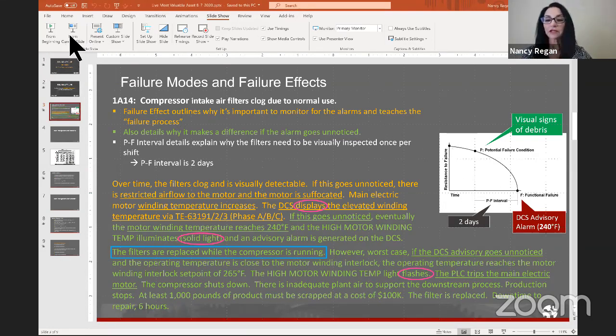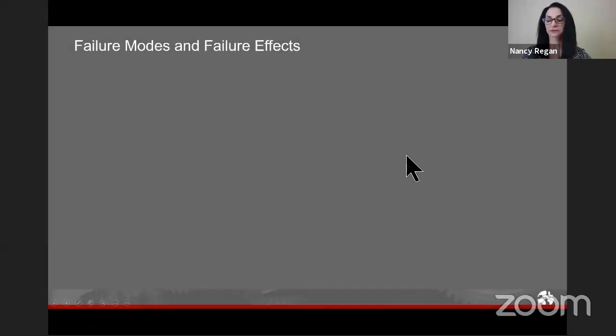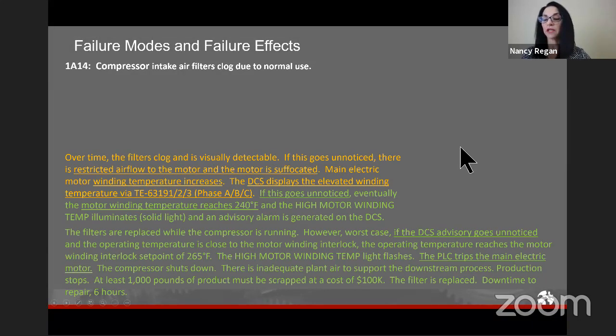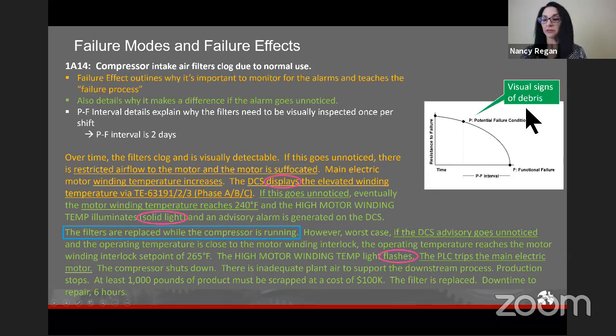So back to our P2f interval. We're going to start off simple. We're going to stay with our intake air filter. So let's take our air filter as an example. Well, we know our equipment experts say that in this operating environment, in this operating context, it's possible to visually inspect the filter for signs of debris.